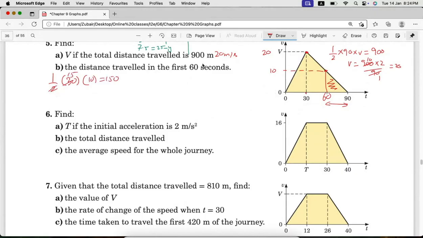The last part is 150. So the distance traveled in first 60 seconds would be 900 minus 150, and we get 750 meters. Haris, is this clear? Yes, sir. Any doubt about the value 10? No, sir.